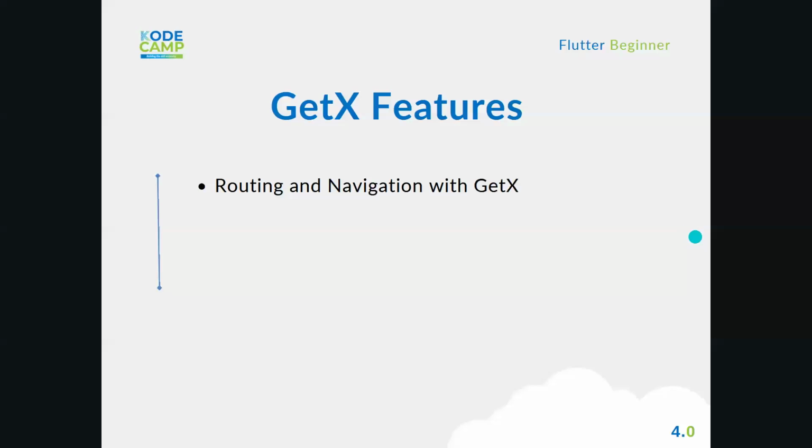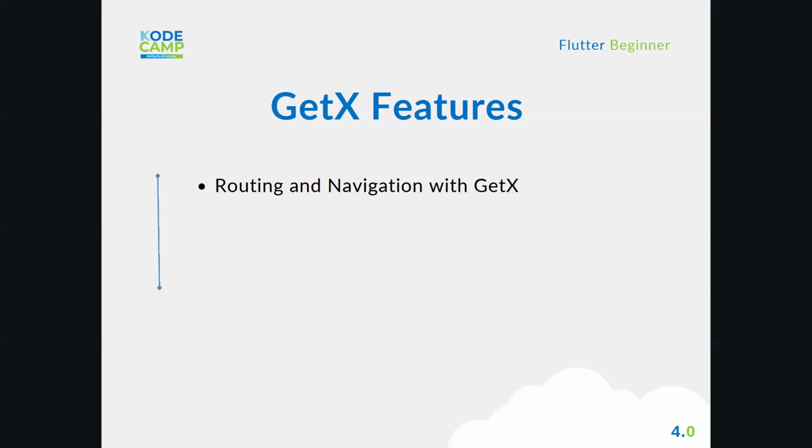Now another one is routing, and this is actually one of the most interesting features of GetX, because you don't actually have to use a context, unlike other state management techniques. Now the essence of routing is to be able to move from one screen to another.